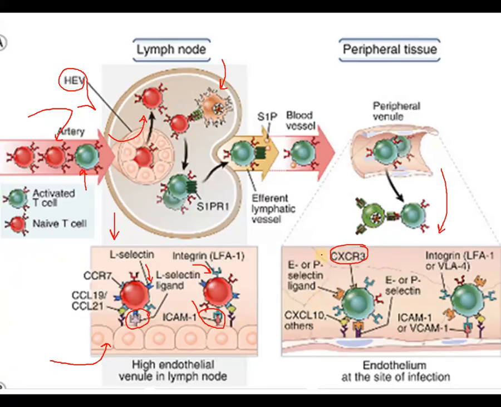We have E and P selectin ligands being expressed, which are going to bind to E and P selectin on the endothelium at the site of the infection. We have integrins expressed, again, LFA1 or VLA4 expressed on the effector T cell, and these will bind to their ligands, ICAM1 or VCAM1.